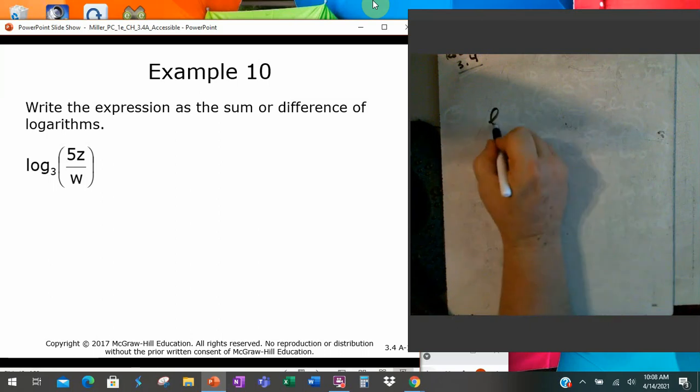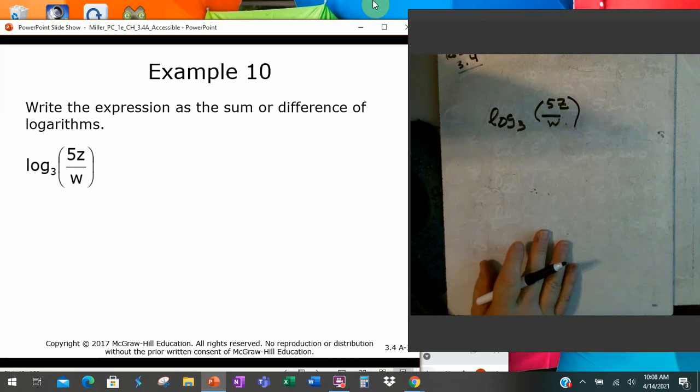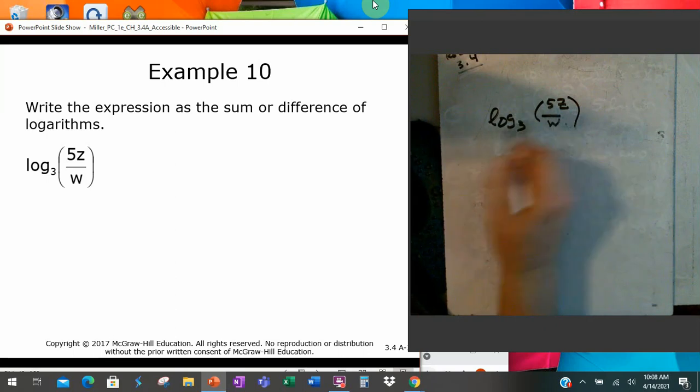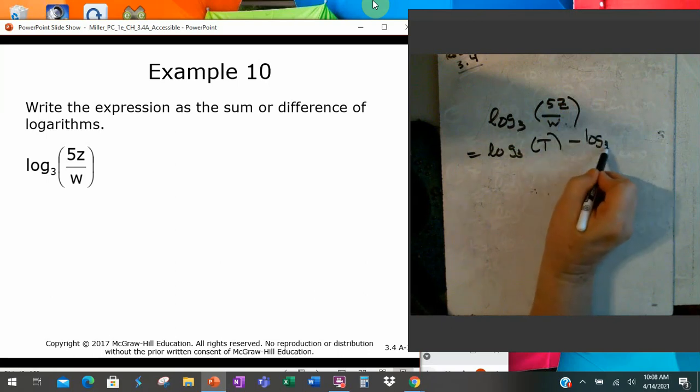So here I want to take the log to the base 3 of the expression 5z over w, and break this thing apart so that I can evaluate each piece. My first step, if I've got a fraction, is the top, minus the bottom.